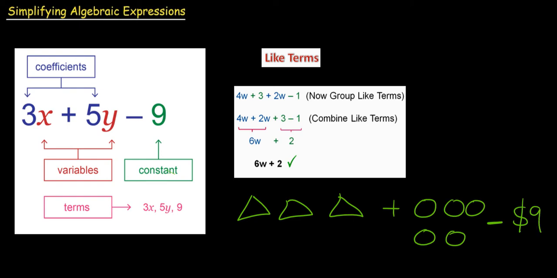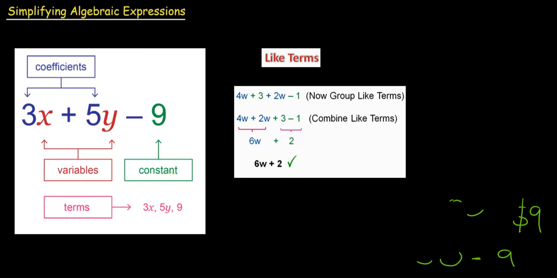This is the same as saying 3 triangles plus 5 circles. This is a circle and not a 5. Subtract 9. Okay, so let's just have a quick look at the next box, like terms.